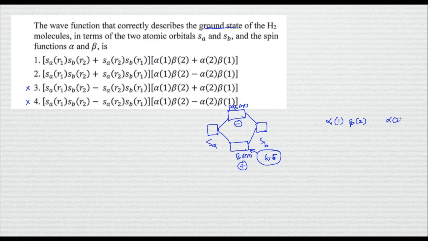These are the only two spin states, because the electrons will be paired up over here. So one will be in positive spin, the second in negative spin. Remember, alpha means positive spin, beta means negative spin, minus half spin. So the first in positive spin and the second in negative spin, or the second in positive spin and the first in negative spin. So you can write them like this.